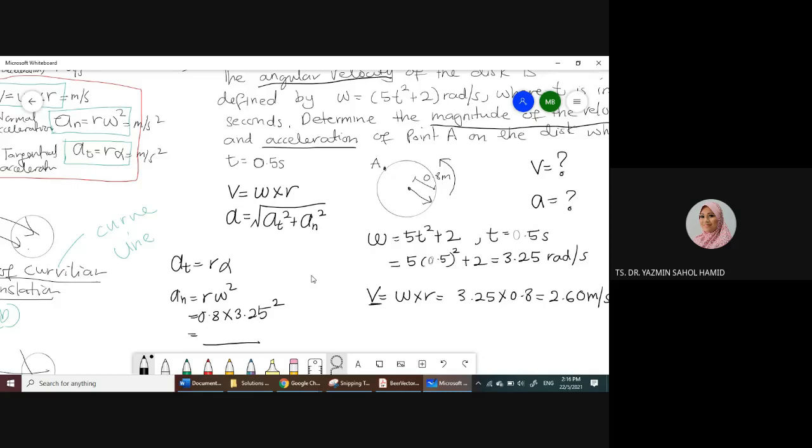What is AN? 8.45. The unit is meter per second squared.